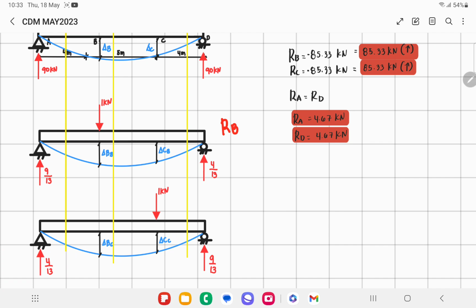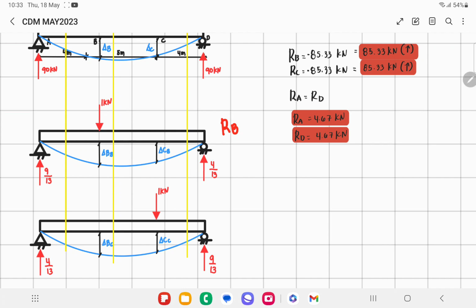So first, we have a unit load applied considering the redundant support at point B, so RB. We have a one unit load. We remove the real loads and apply a unit load on the beam itself, so we can compute the deflected shape for the corresponding redundant.